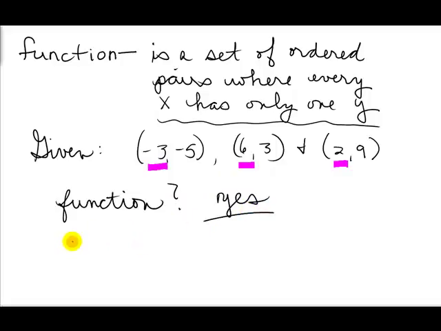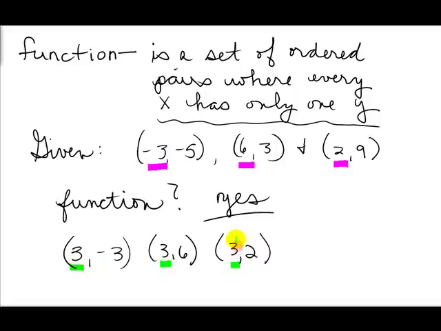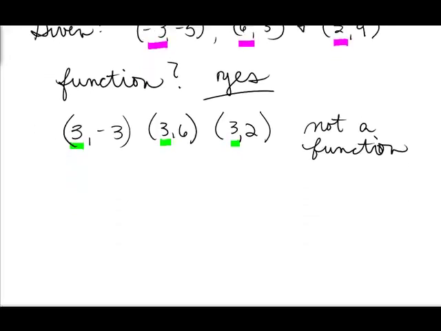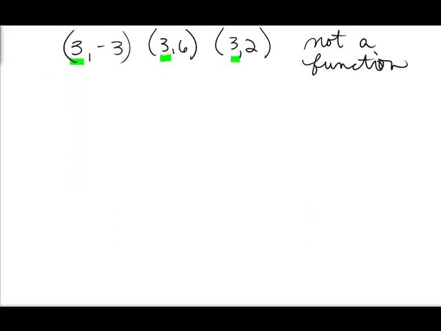If the x's are repeated, here where we have the same number for x, this is not a function. What this is, these three ordered pairs would create, if we graphed it, a vertical line.